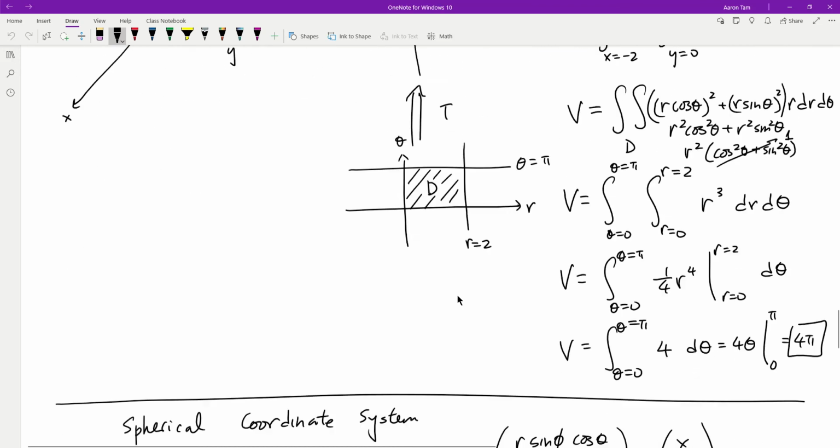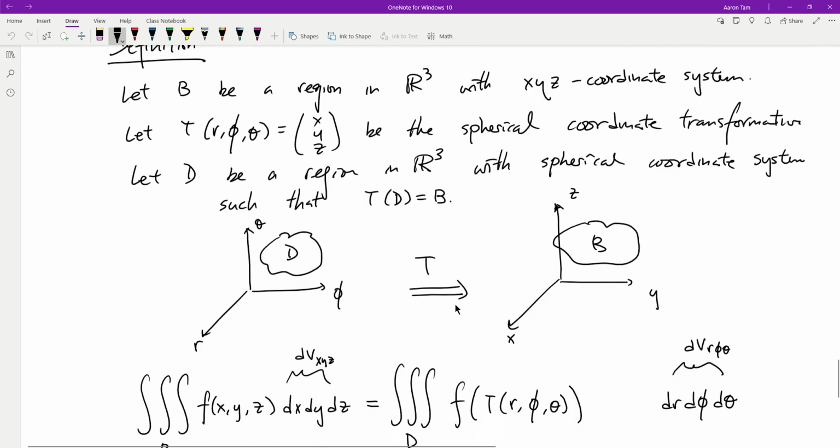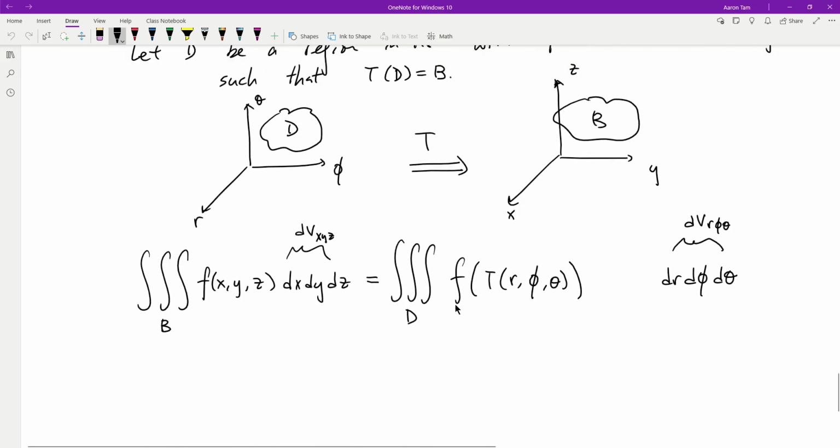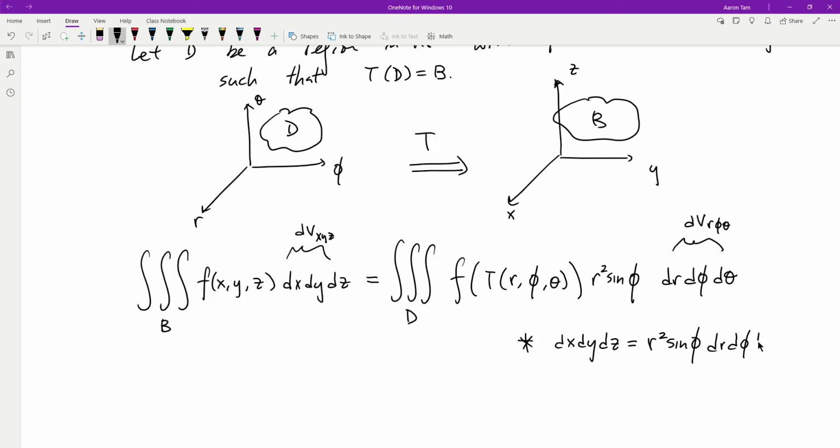So what is the correspondence between these two differentials? It's actually this. Note, dx dy dz is equal to r squared sine phi dr d phi d theta.